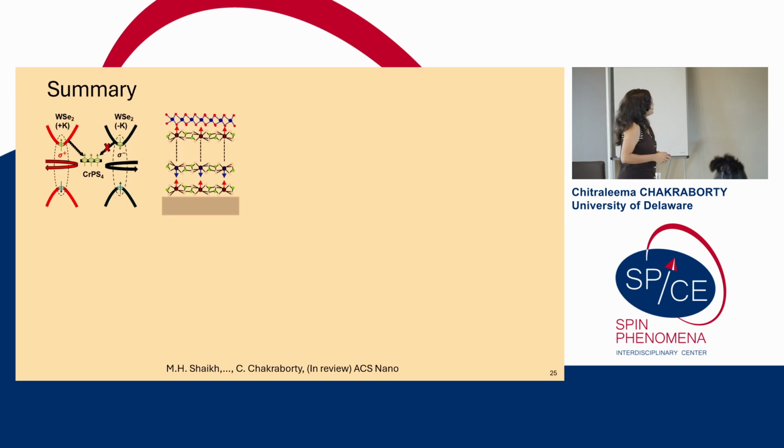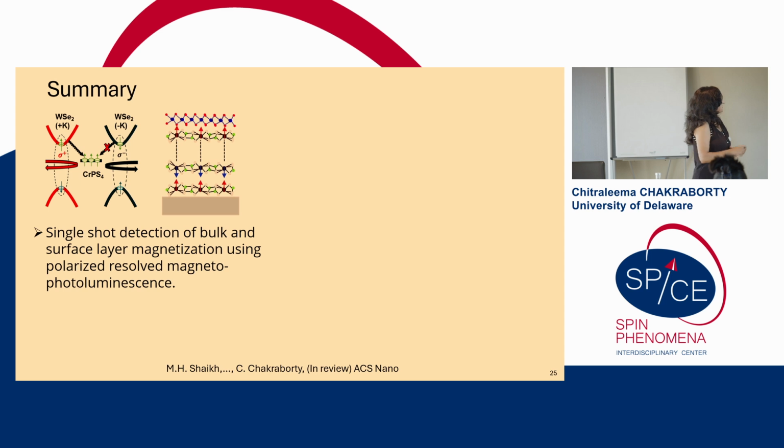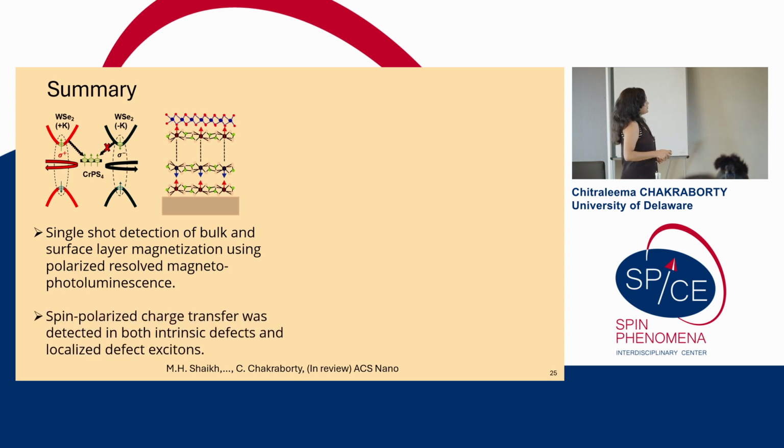Summarizing the talk, what we have shown you is single shot detection of bulk as well as surface layer magnetization by using a single magnetic heterostructure in these 2D semiconductors, which are magnetic and optically active semiconductors. The reason behind this was spin polarized charge transfer.